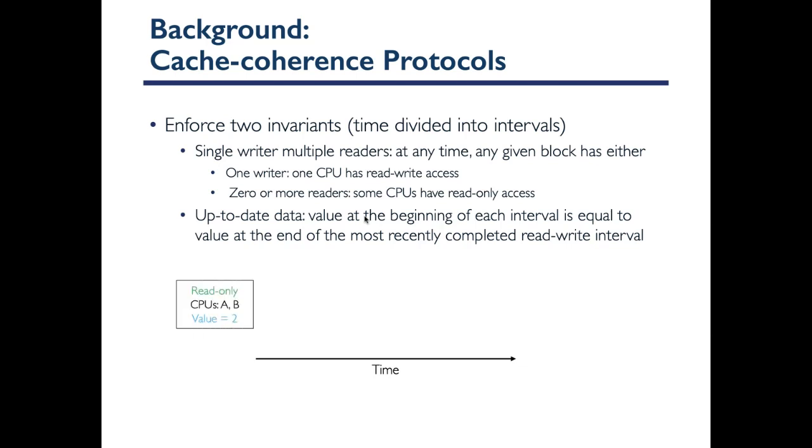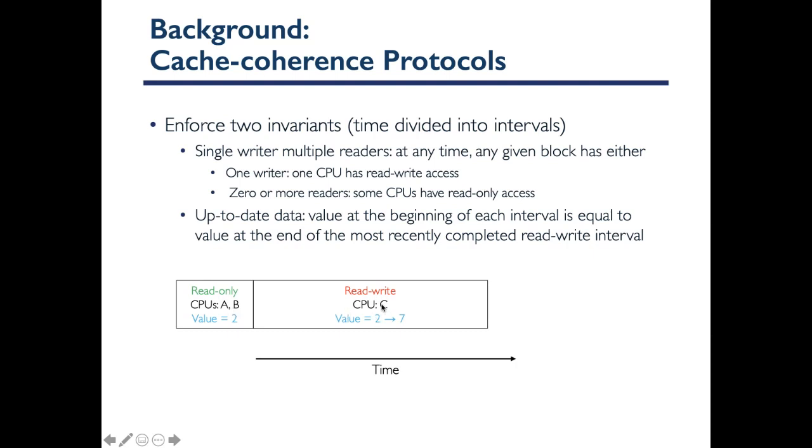So here is an example. Let's say initially both CPUs have read-only access. Then let's say one CPU decides to write. Let's say it's CPU C. So when CPU C acquires read-write permission, we're going to kick CPU A and B out. So they now have no permission to that location.